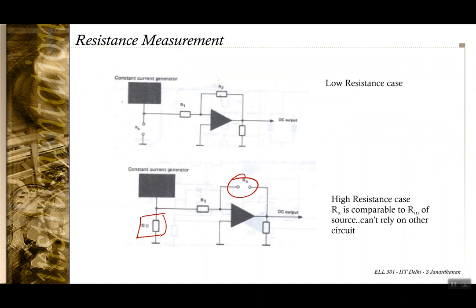Now the output is Rx by R1 times some constant input voltage. So again, your output is proportional to the unknown resistance, and you can use this second circuitry for the high resistance case.